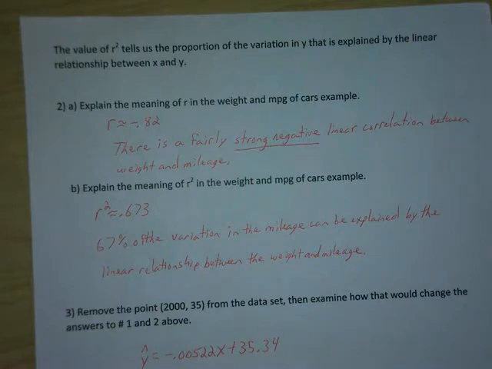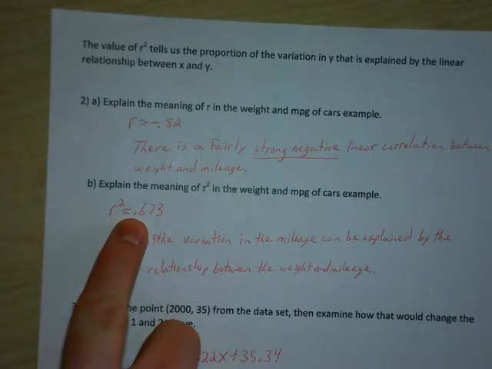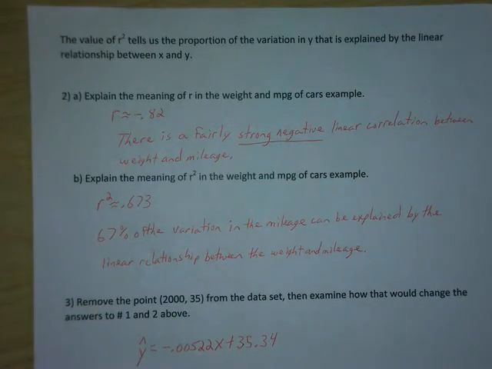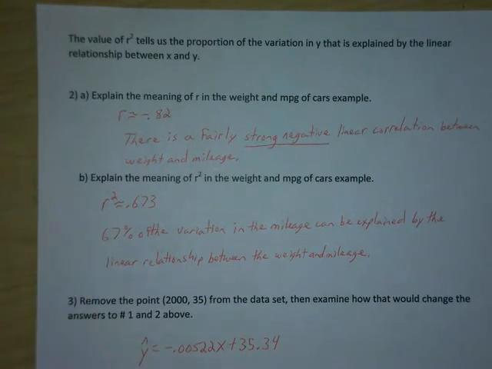If the r squared value was 1, then we would say that 100% of the variation in mileage is explained by the weight, and that would mean that you would really not look at any other variable. But with only 67% explained by weight, other things that can affect mileage, or that may be correlated with mileage, are things like the size of the tires on the car, and the size of the engine.